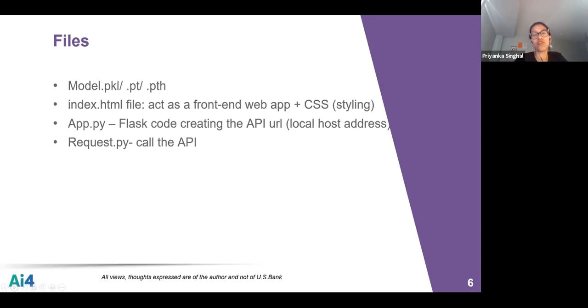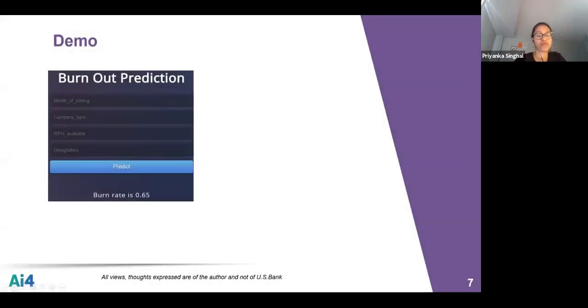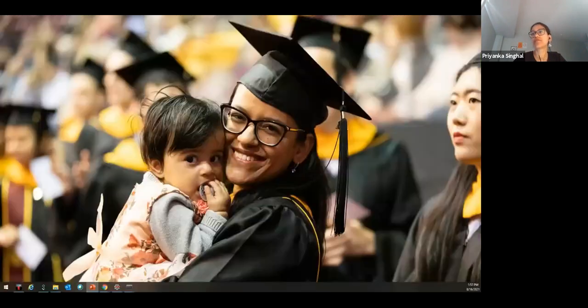You can think of the HTML file as the framework of your house, and CSS is like the paint on the house. So it's more for beautification. And then app.py is going to be your Flask code where you'll create the API URL, and request.py is where you call the API. So let me move to the demo part of it.